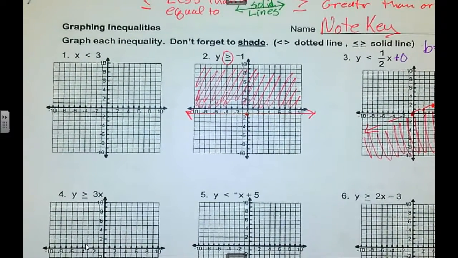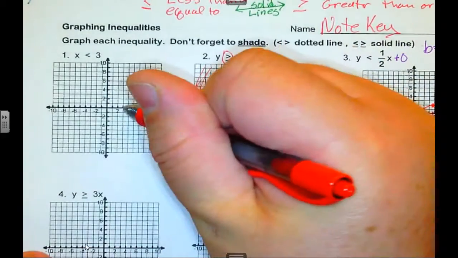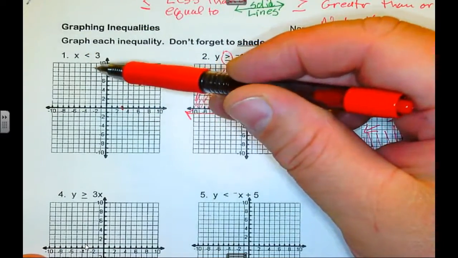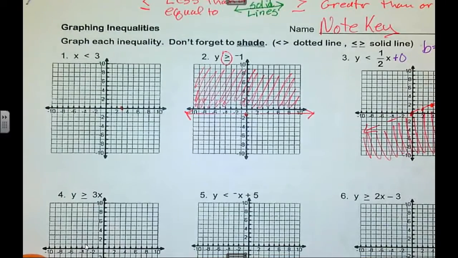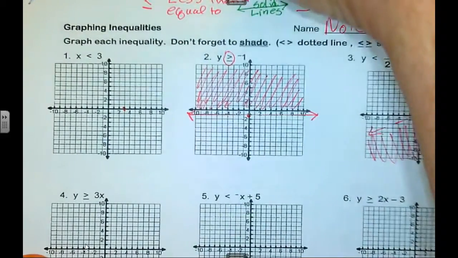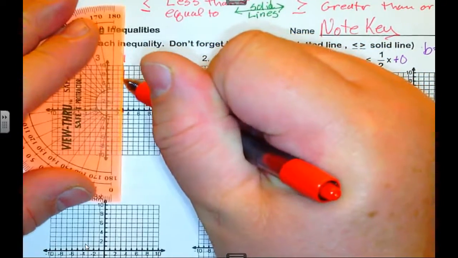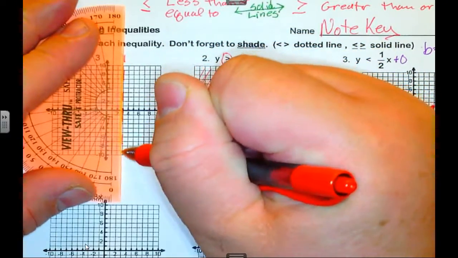Now, let's look at the first one. I have x less than 3. What kind of line do I have if I have x equals 3? Oh, that's right, a vertical line. So here's x equals 3. To determine whether I have a solid or dotted line, I look to see if there's an equal sign. There's no equal sign, so it is a dotted vertical line at x equals 3.